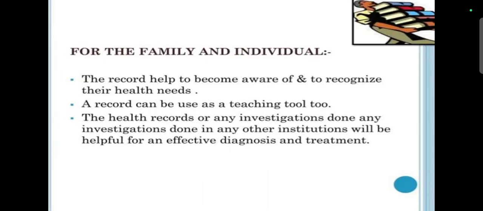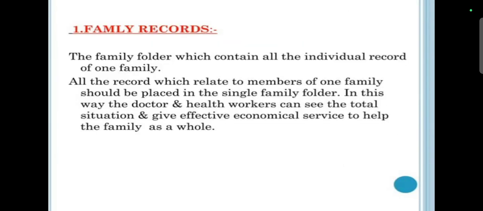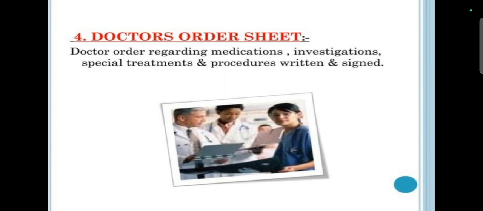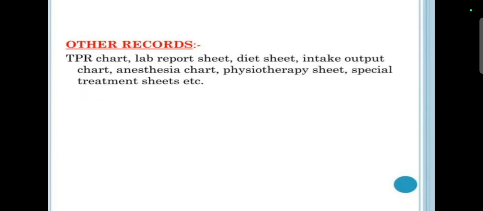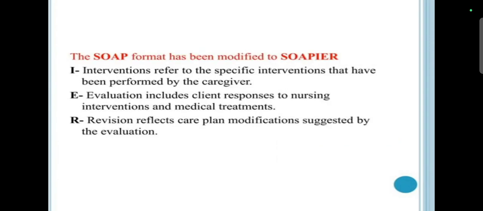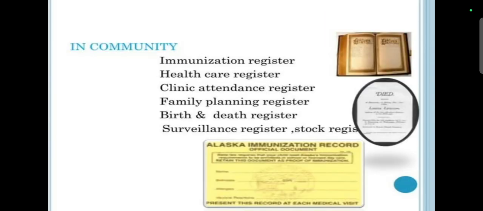So lastly, we have to discuss one more thing. You can see the different types of records we can use, like mark sheets, other records, progress reports. Some SOPs are there, and some registers should be there, like the birth register, death register, hospital OPD register, and stock register.